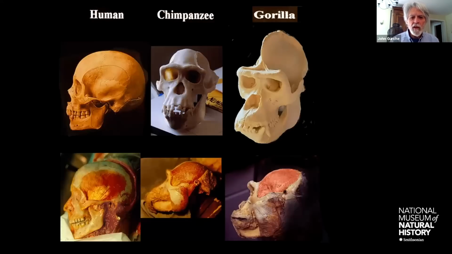And this is the muscle that you feel on the side of your head pulsing when you chew, just above the cheekbone. And you can see it in humans on the left, and a chimpanzee in the middle, and a gorilla on the right on the lower row here. And the skulls of each species are on the upper part of the slide, top row.